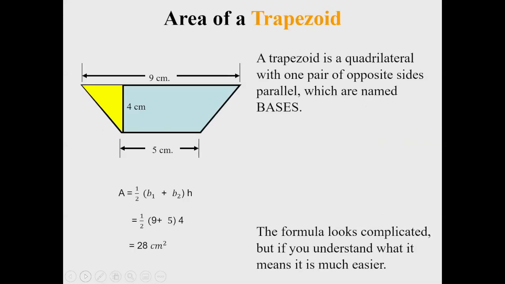Area of a trapezoid. A trapezoid is a quadrilateral with one pair of opposite sides parallel. These sides are the bases.